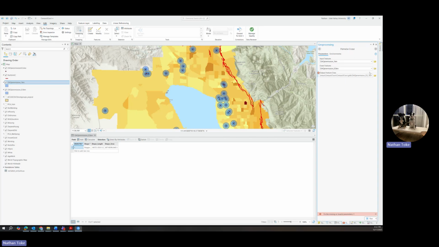I don't think it likes the 0.5. It only accepted it before because that was a pseudonym that I gave it. Okay, so let's turn off these other ones.